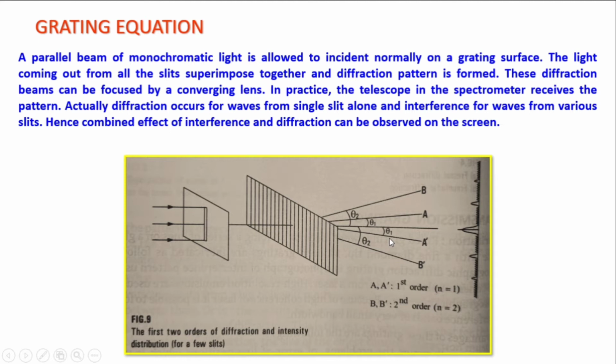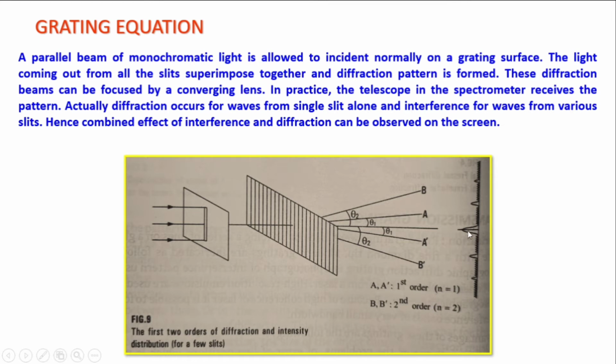In practice, the telescope in the spectrometer receives the pattern. Actually, diffraction occurs for waves from a single slit alone and interference for waves from various slits. Hence, here a combined effect of interference and diffraction can be observed on the screen.